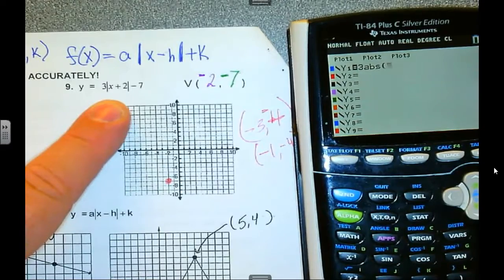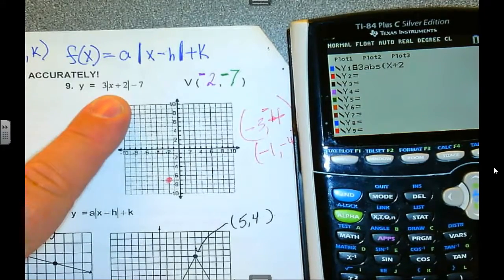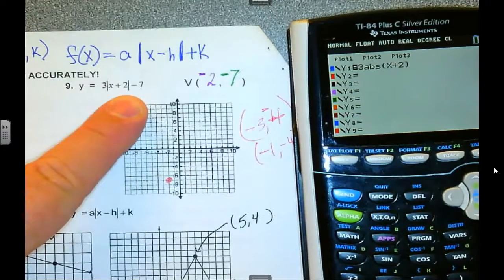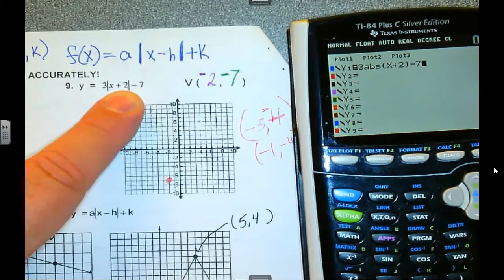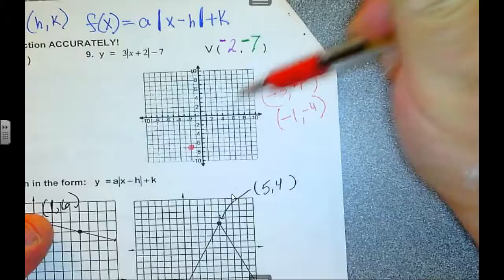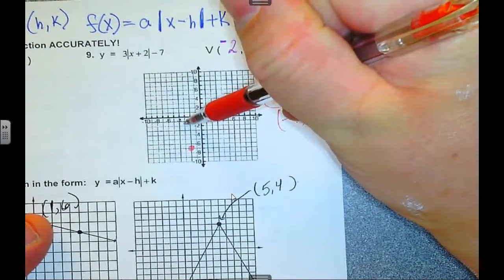And now I put in what's in my absolute value, X plus 2. Close the parenthesis. You have to close the parenthesis. And then -7. Are you with me? So I got -3, -4.